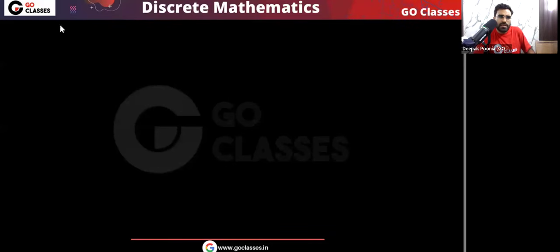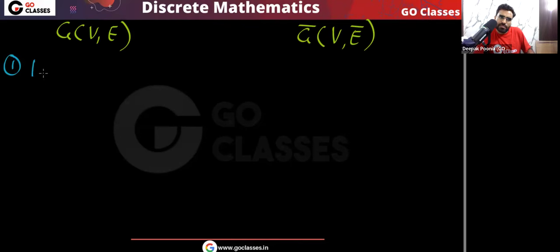This is actually very easy. Let's assume this is the graph G and this is the graph G complement. In G complement we have the same set of vertices, but the edges are complemented. In G, let's assume S is some vertex cover.